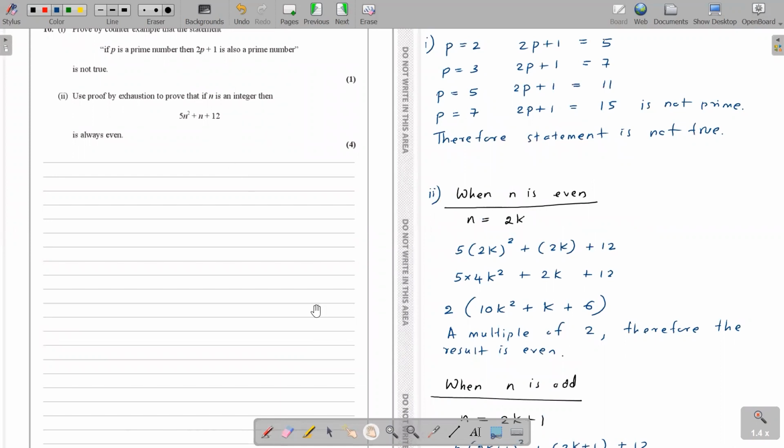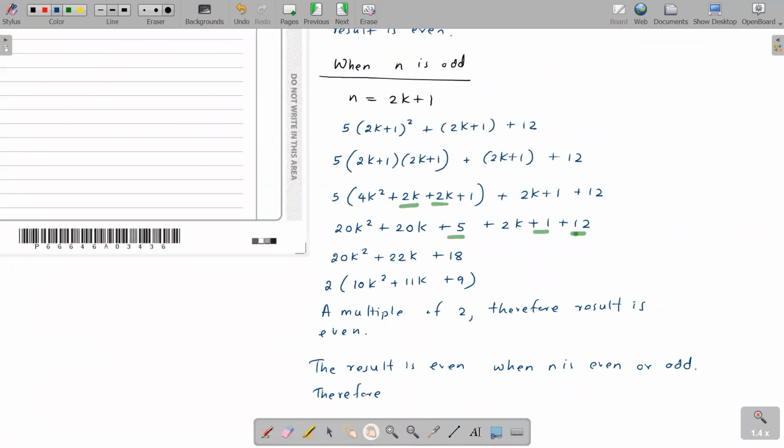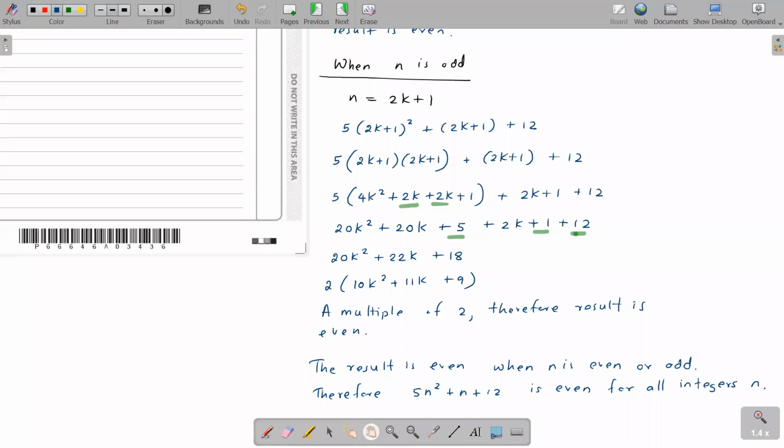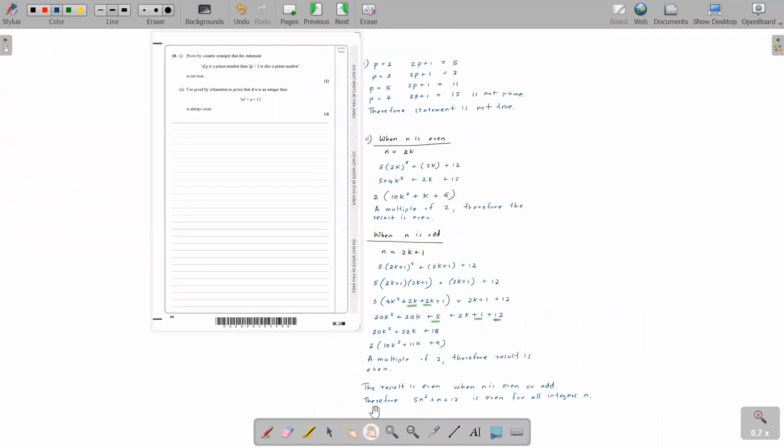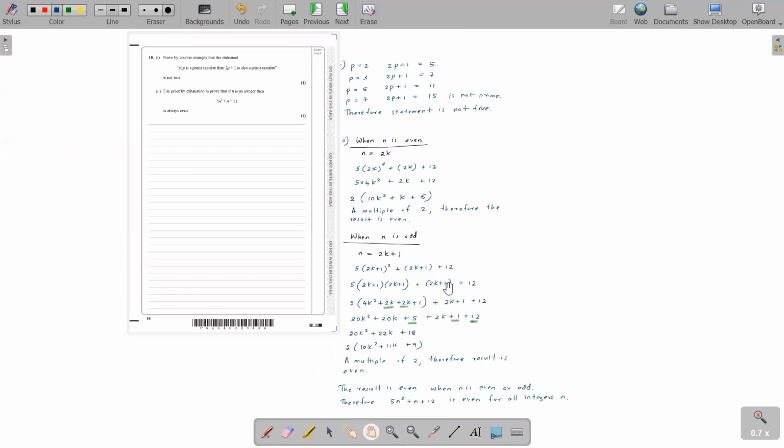Therefore 5n square plus n plus 12 is always even. Again I'll say here the result is even when n is even or odd. Therefore 5n square plus n plus 12 is even for all integers n. Okay, just give the conclusion here. Is this clear? Okay, so that's it. This is the end of the January 2022 P2 paper.